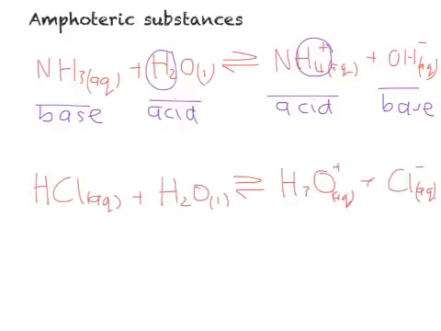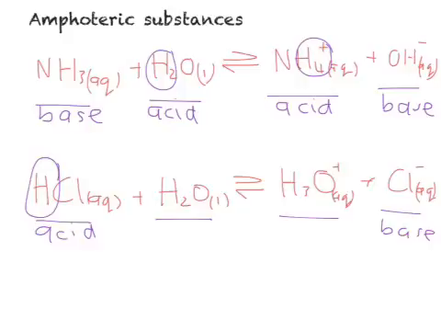However, let's have a look at water when it reacts with hydrochloric acid. So in terms of pairs, we can see that the hydrochloric acid has one extra proton than its pair, so therefore it's classed as the acid, and its pair is the conjugate base. And water, either side of the equilibrium, we can see on the right hand side it has one less proton than it does on the left hand side.